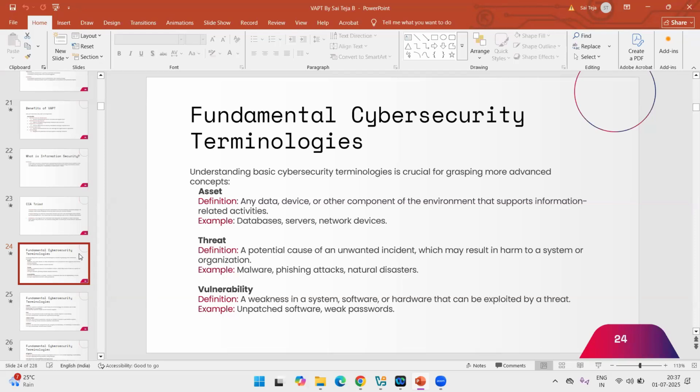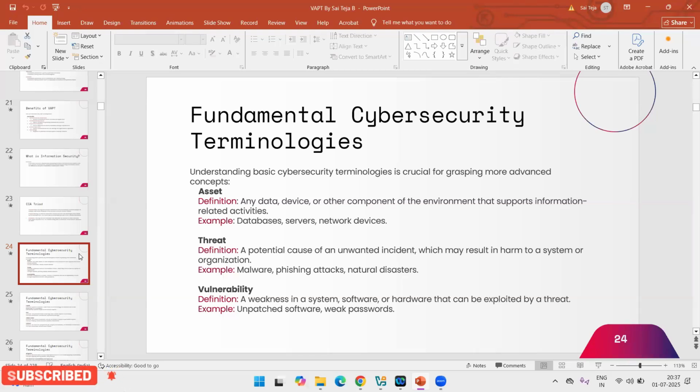Suppose I'm doing a phishing attack on the user to steal credentials. I can use those credentials to perform some kind of harm, which can lead to system damage. That is a threat.